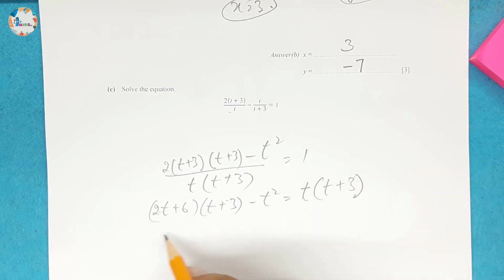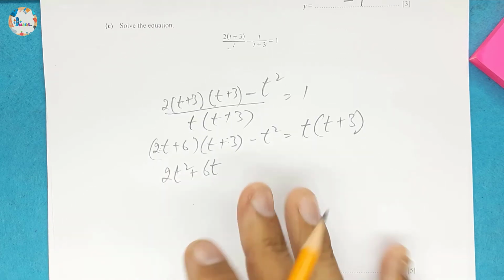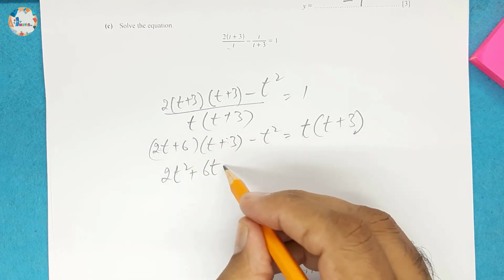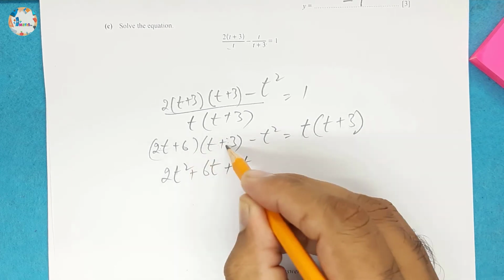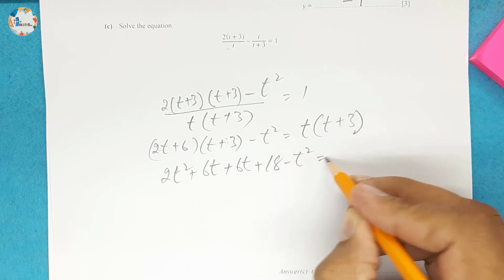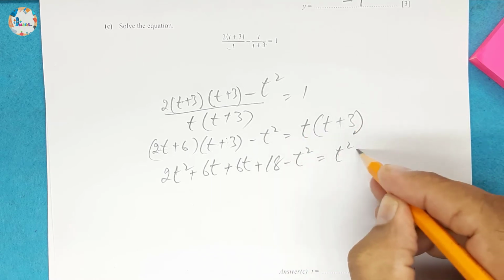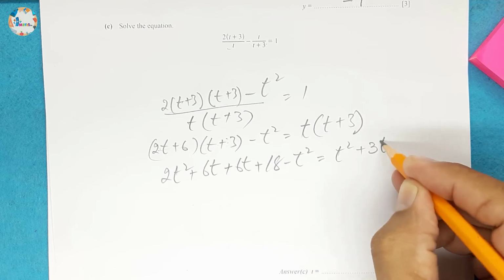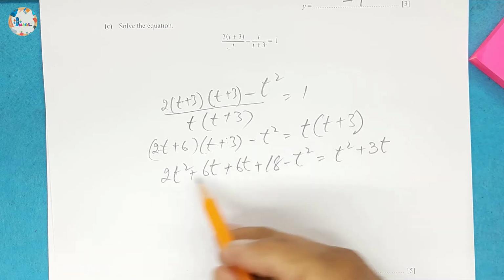Now we can multiply this with this will be 2t squared, then this with this will be plus 6t, and then this with this will be plus 6t, and this will be plus 18. Minus t squared is equal to, this side will be t squared plus 3t. Now we can simplify.